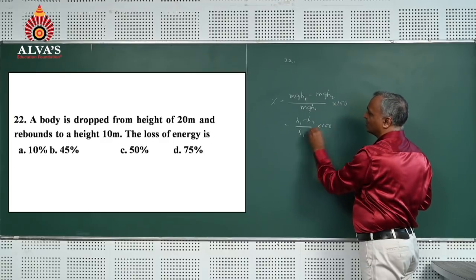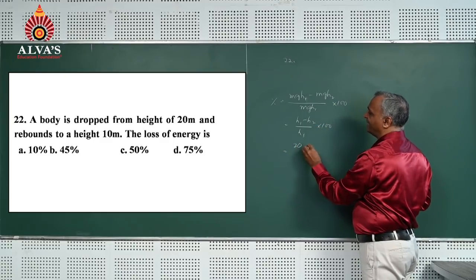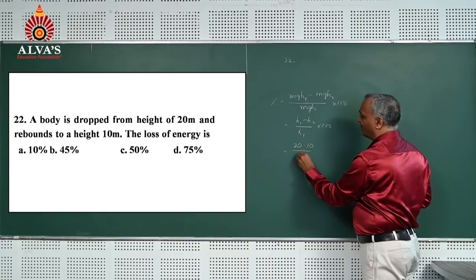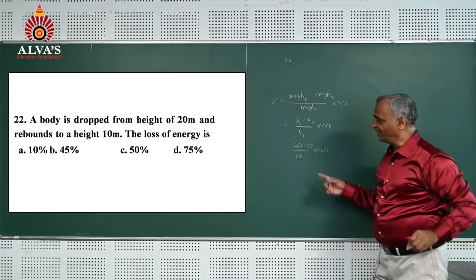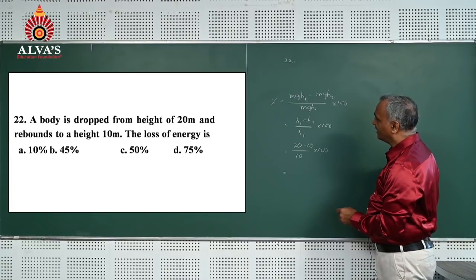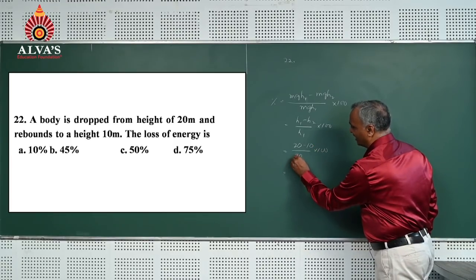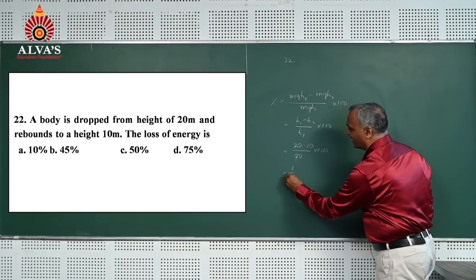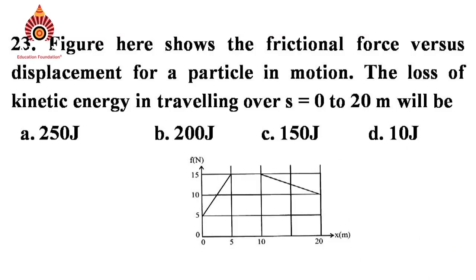So h1 is 20 minus h2 is 10, divided by 20, into 100. So it becomes 10 by 20, and that becomes half into 100. So it is 50%. So I'll go for option C.